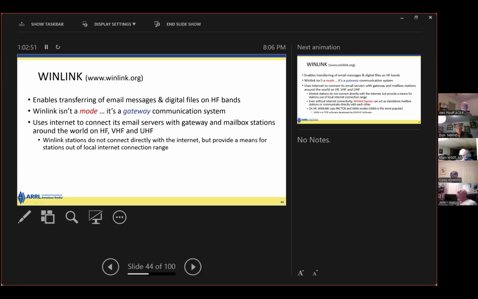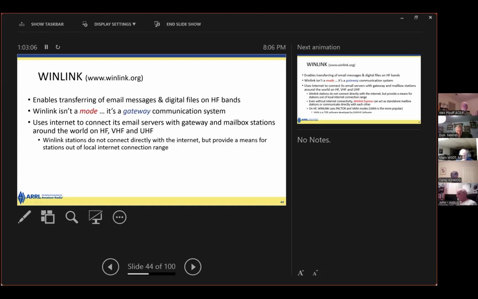So it uses the internet to connect email servers with amateur radio stations around the world on HF, VHF, and UHF.